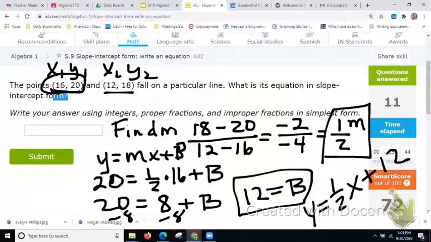So y is equal to 1/2 x plus 12. And then let's make sure that that works for the second point. What is 1/2 of 12? 6, yep. And 6 plus 12 is 18, and that is the same as that second y. So that confirms that our y equals 1/2 x plus 12 is correct.